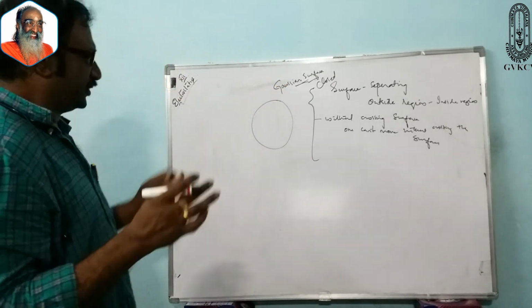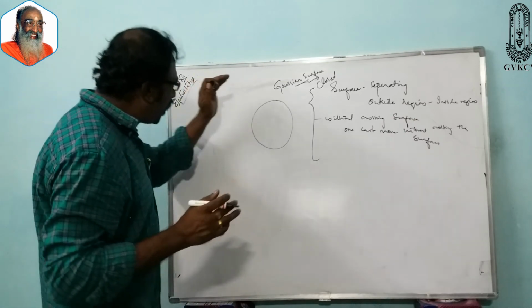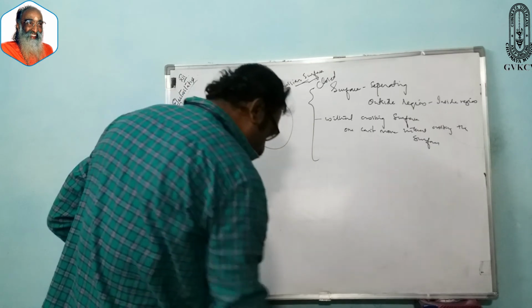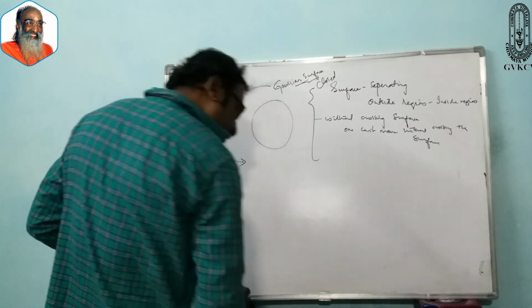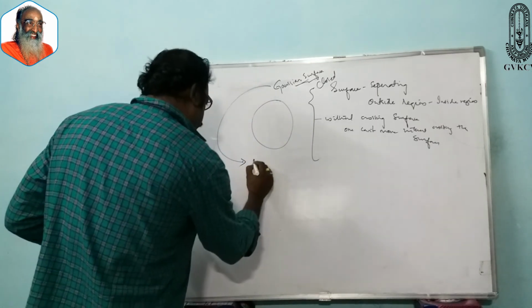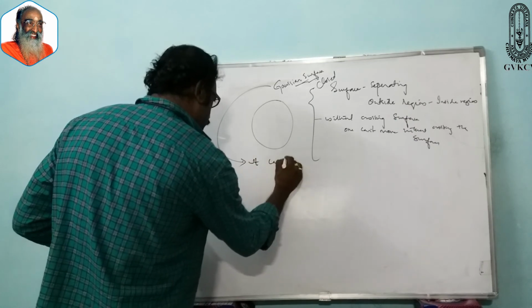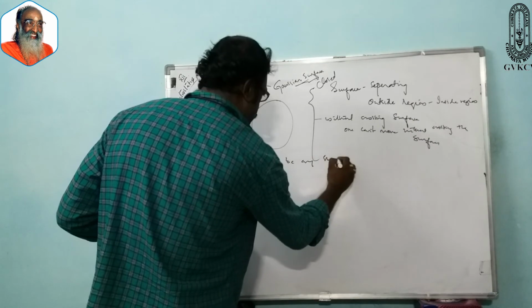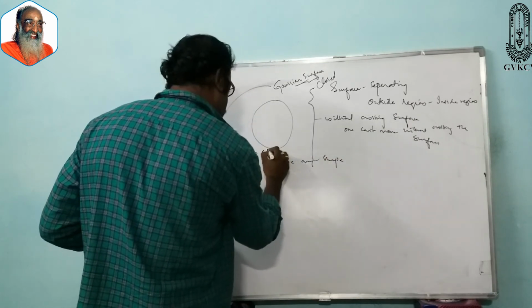So generally, how should this surface be? First, it should be a closed surface.